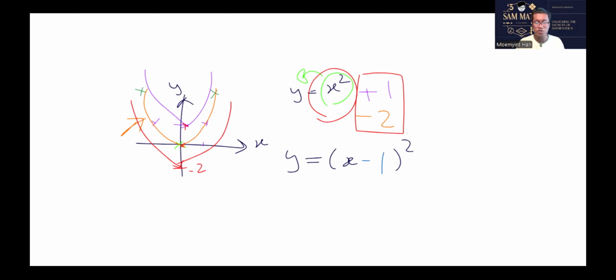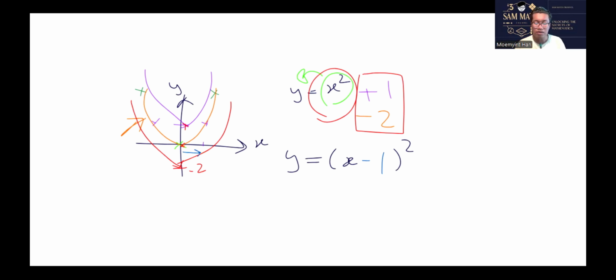So this is what we've been doing. If you want a shortcut, you can think of subtracting 1 as the opposite. So the graph will go along this main graph over here, 1 unit to the positive side. So the graph will start here instead.